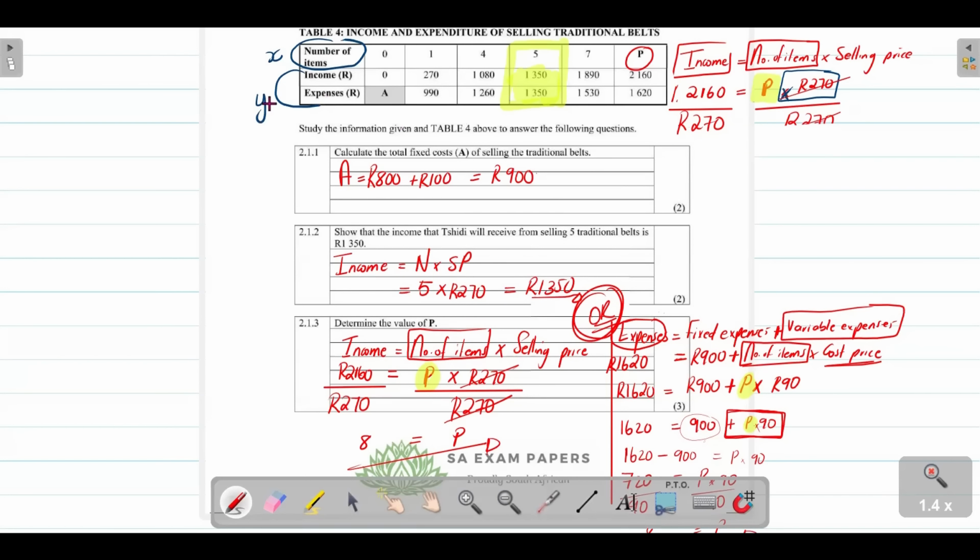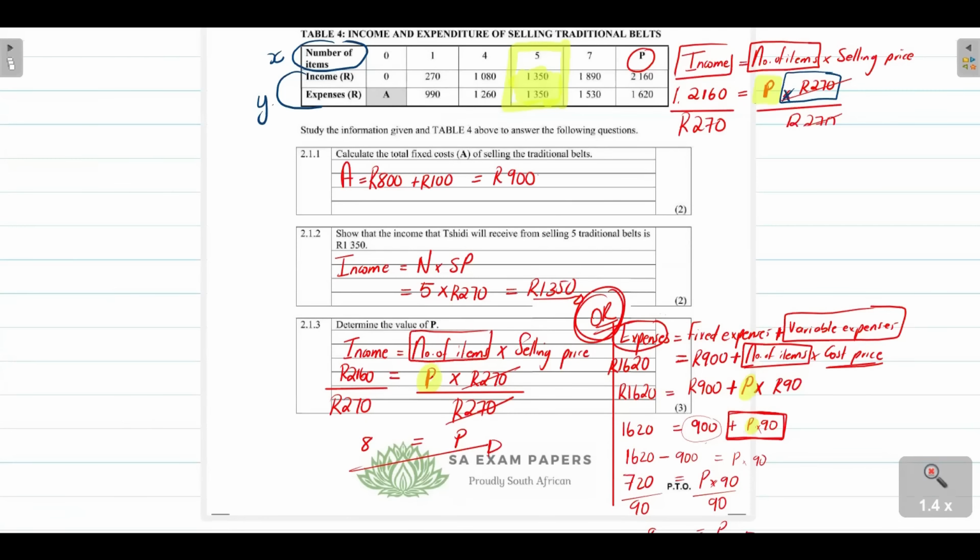So in this case, the coordinates for the break-even point would be what? Ma'am, isn't it 1,350? Okay, but remember, it has to be in the order x, y. So in this case, what would be the x?